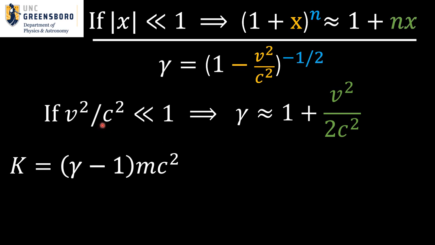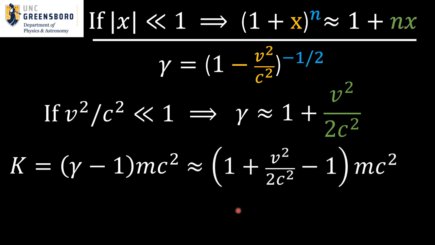So returning to our original formula for kinetic energy, we can make use of our new expression for gamma. What we're going to do is substitute this in for gamma right here. And now you can see we've got this 1 and this negative 1.